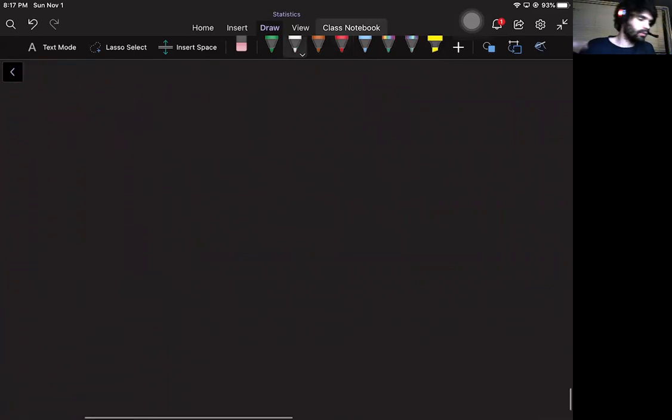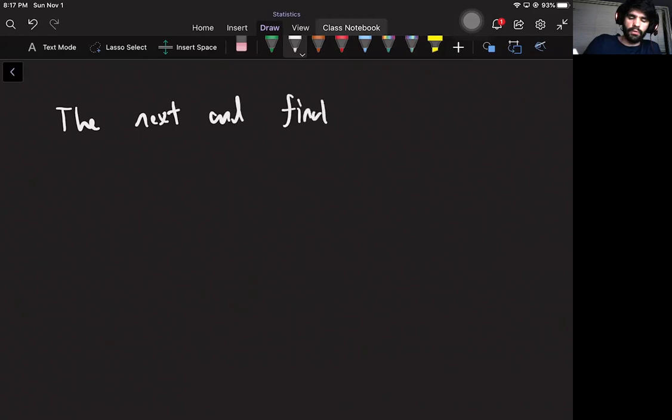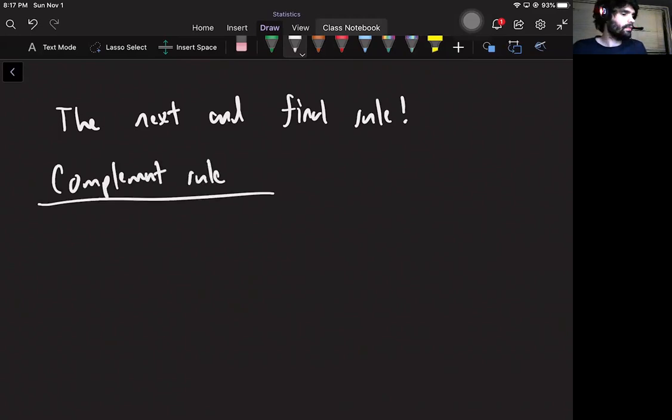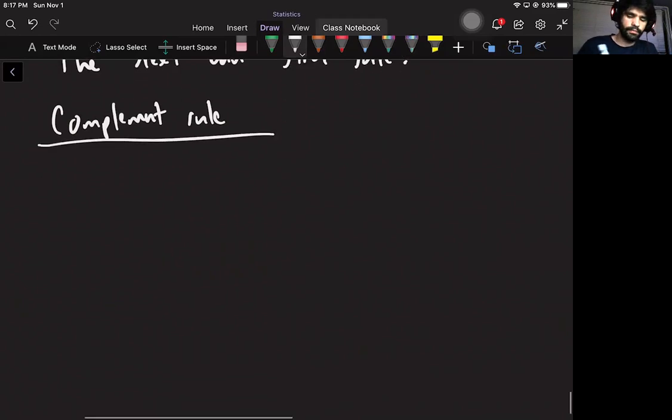All right, so one more rule, and that's it. The next and final rule is called the complement rule. It's also the most intuitive rule. It sort of makes sense once you think about it intuitively. So the idea is this.